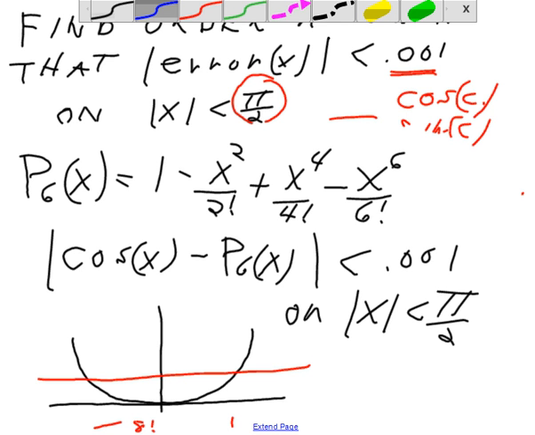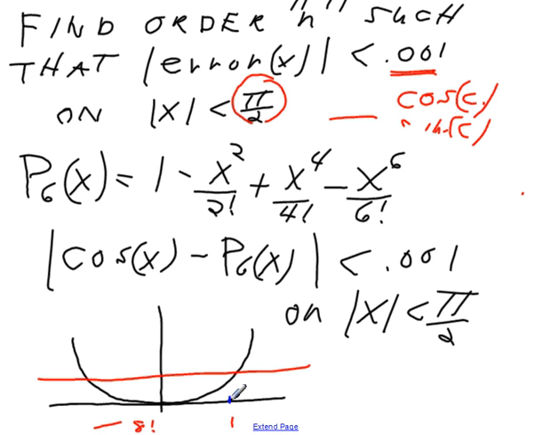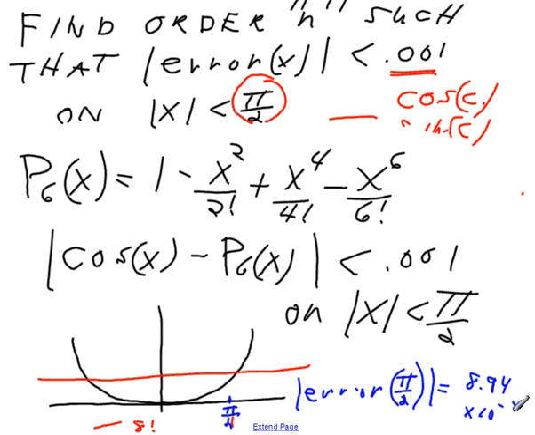And what I found out is that the absolute value of the error at the value pi over 2 is equal to 8.94 times 10 to the negative 4.